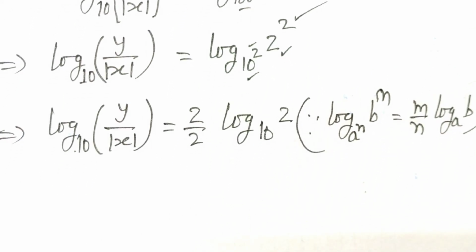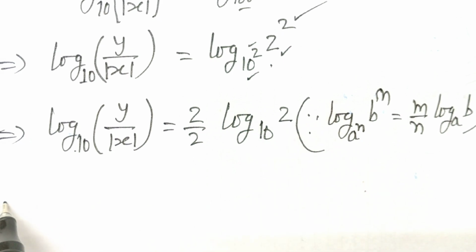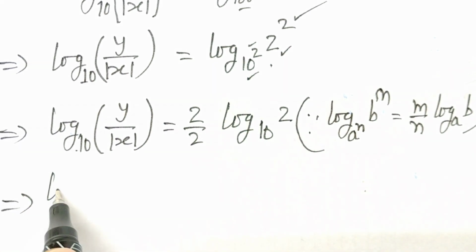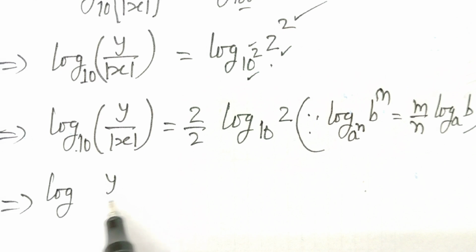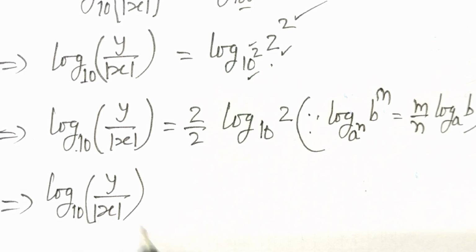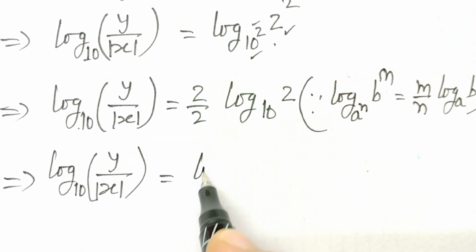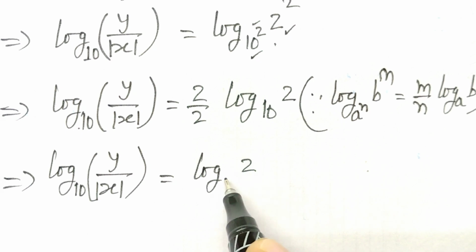So this is converted into this. Now log of y over mod x base 10 is equal to log of 2 base 10, right?